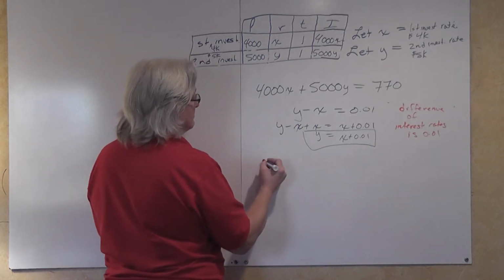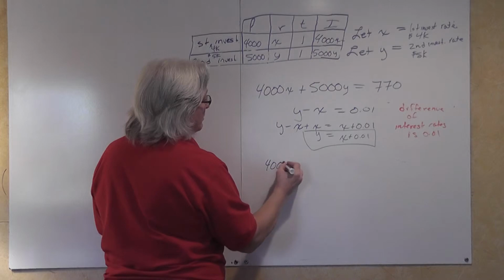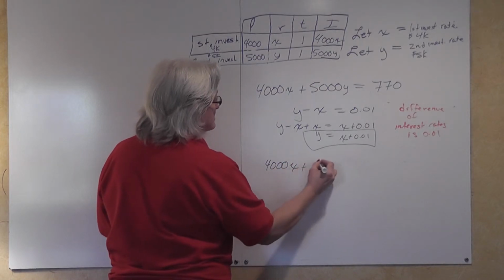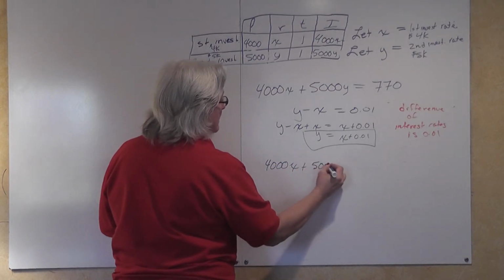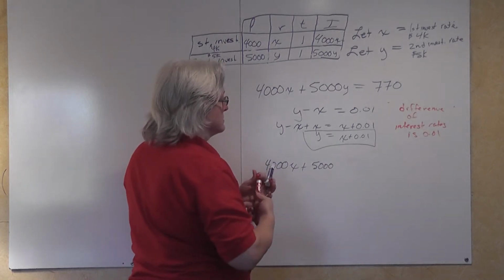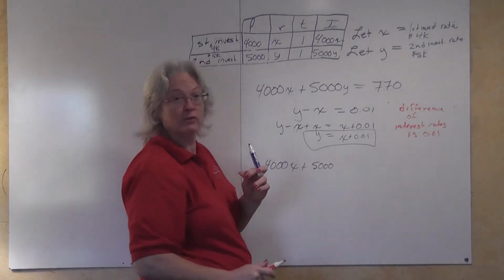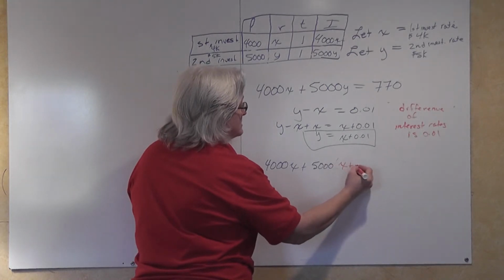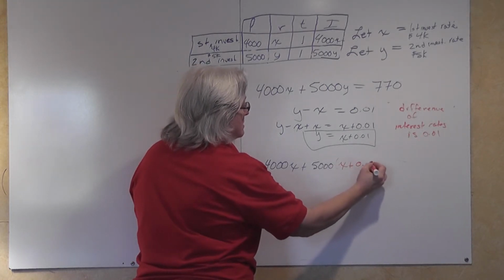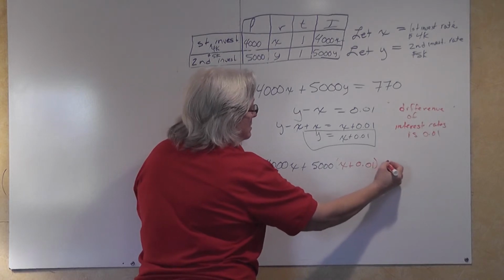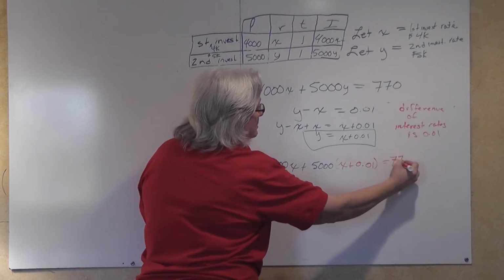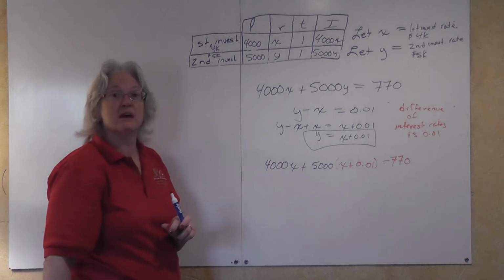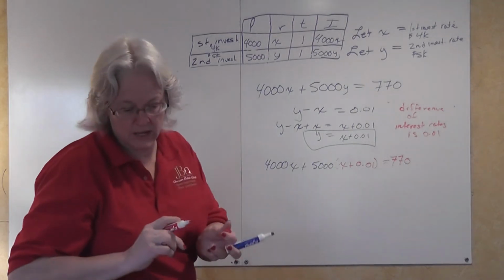We're going to have 4,000x plus 5,000 times our value for y, which is x plus 0.01, and that's going to be equal to 770. Okay?